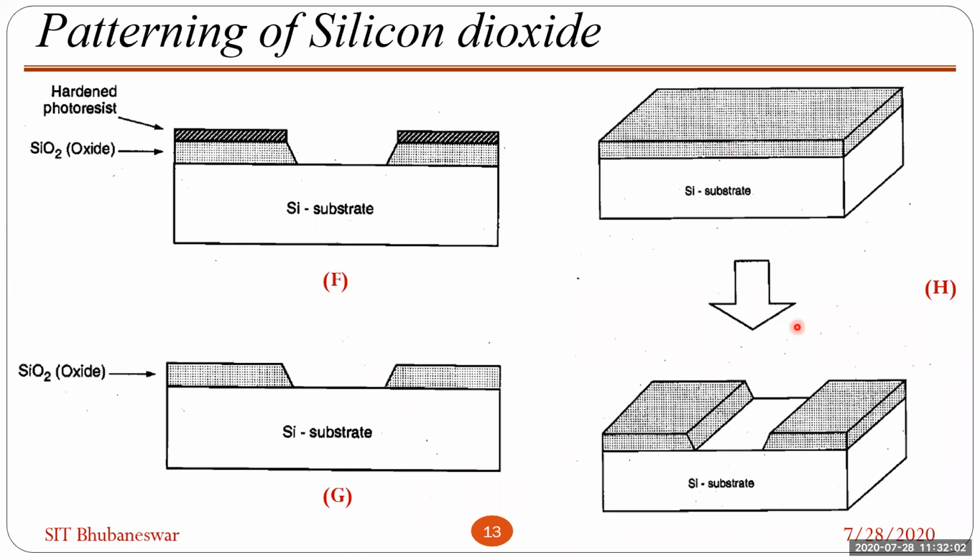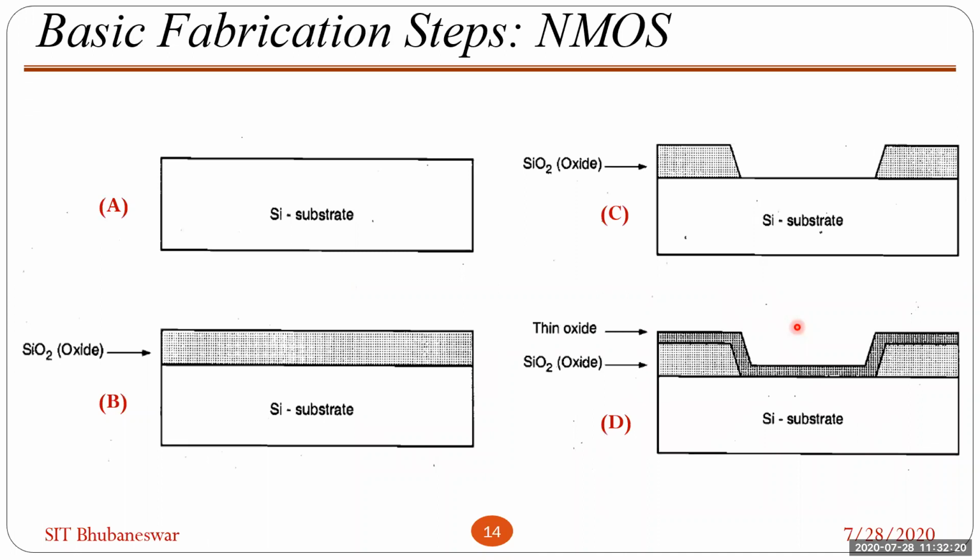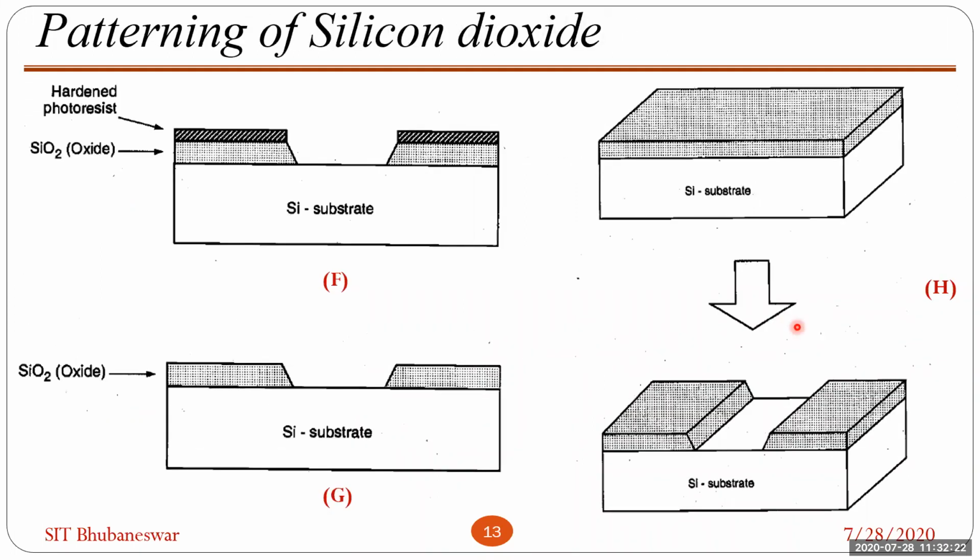In this way you can do the patterning for all other layers. This is for the oxide layer, but we can do it for the polysilicon layers, the metal layers, and the N or P silicon. This is common for all, so that's why it is important. This all goes on the same process, sir? For every layer, it is the same; oxide layer is just the example. You will use a mask, UV light, photoresist material, and the etching part.